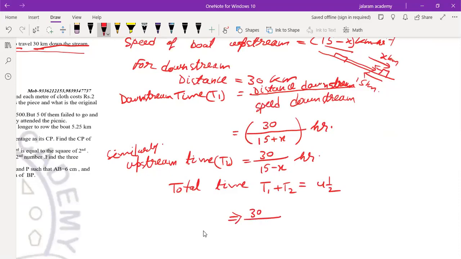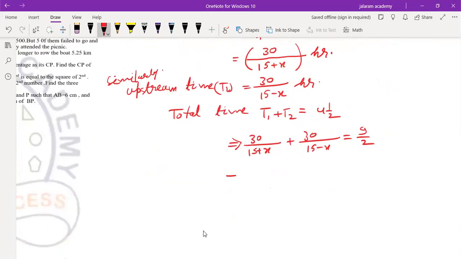So 30 upon 15 plus x plus 30 upon 15 minus x equals to 4.5, which is 9 by 2. It implies the LCM is 15 plus x into 15 minus x.